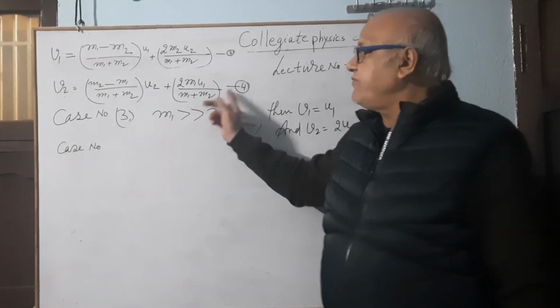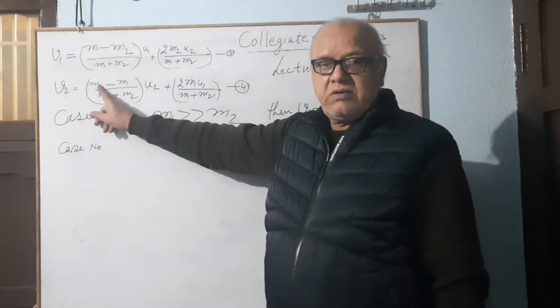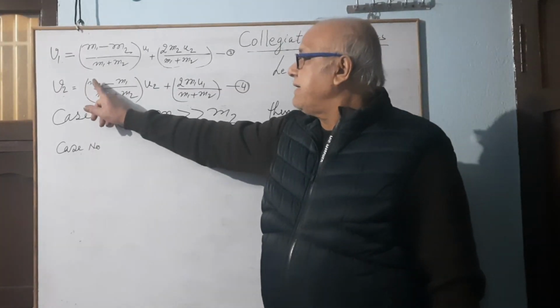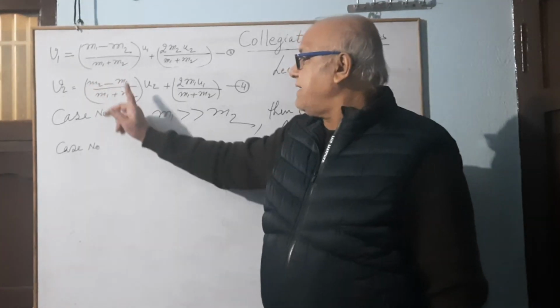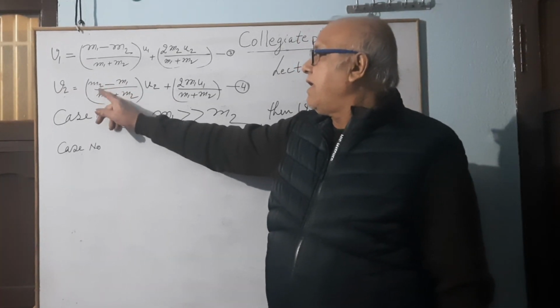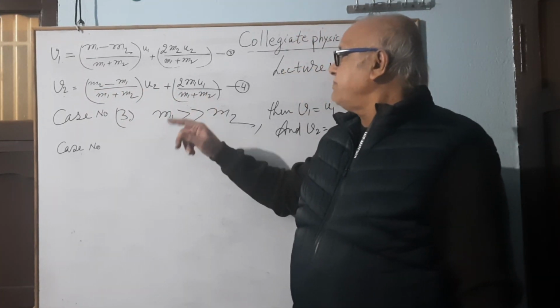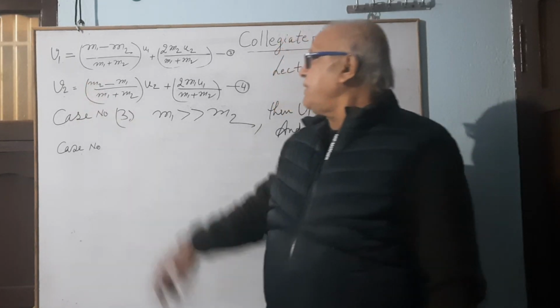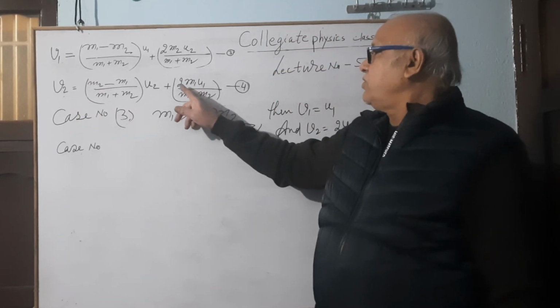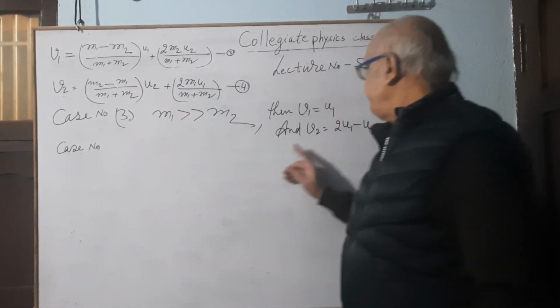Similarly, from equation 4, this m2 is very small, so this m2 will be neglected. So v2 will be equal to 2u1 minus u2.